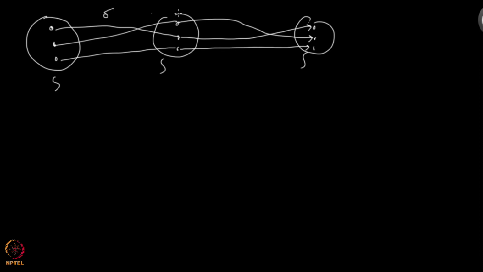So, if this is sigma, then this is sigma inverse, because the composition of these two will give you identity, which is equivalent to doing nothing. That is equivalent to mapping this element back to that, this element back to this, and this element back to that. By E, I mean the map sigma which maps each element to itself.